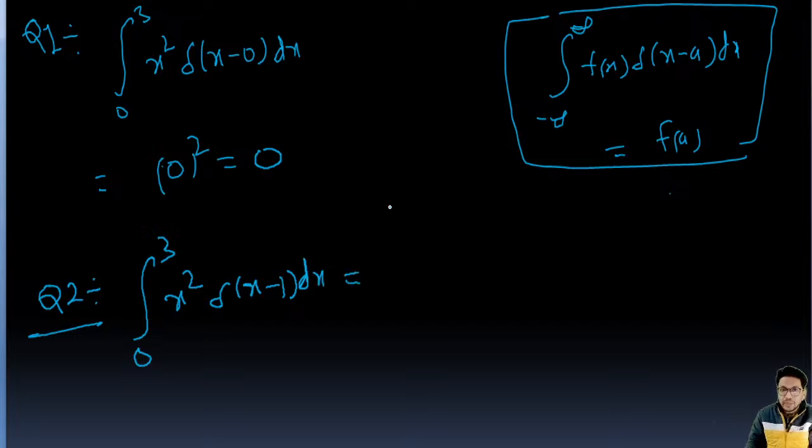This one we need to find out. So we can see 1 is between 0 to 3, right? So directly we can write this property, that is f(a). So this is going to be x square. So instead of x square we'll write 1 whole square.